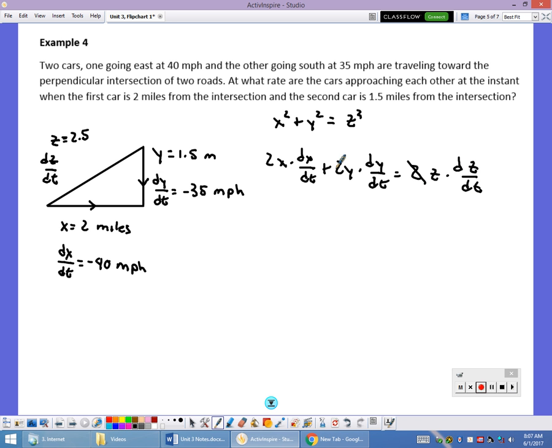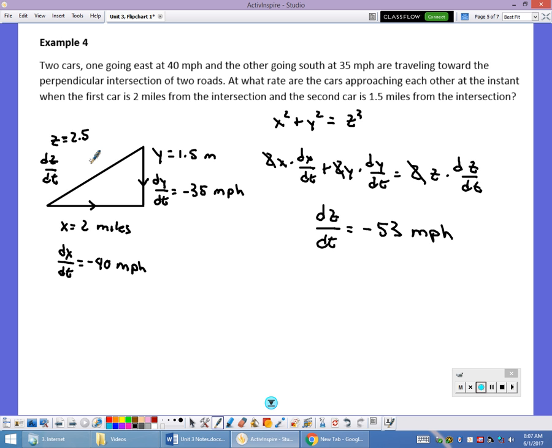The 2's will drop out. Plug in all the values that you know for x and for y. I solved it out, and I got dz/dt to be negative 53 miles per hour. And that makes sense that it would be negative because this hypotenuse is getting shorter. As these cars go towards the intersection, this length is getting shorter, and that's why it's negative.